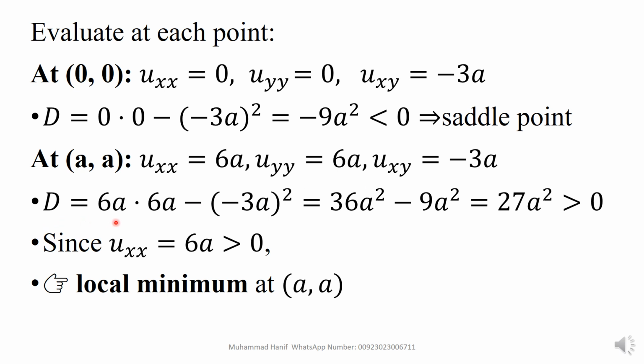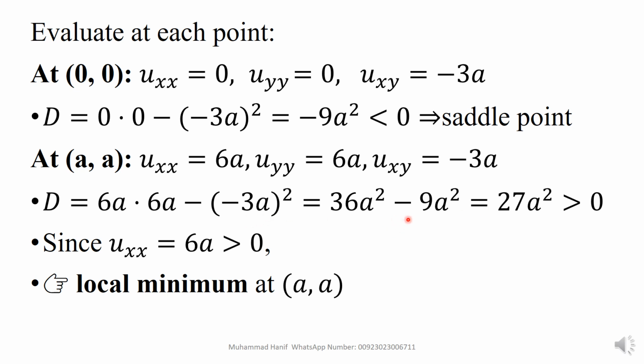D equal to 6a multiplied by 6a minus, now we put in the value of uxy whole square. After this simplification, 6 multiplied by 6, 36a square. Now the square of minus 3a is 9a square, and the minus sign is given.